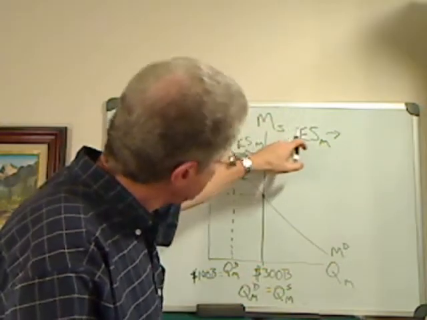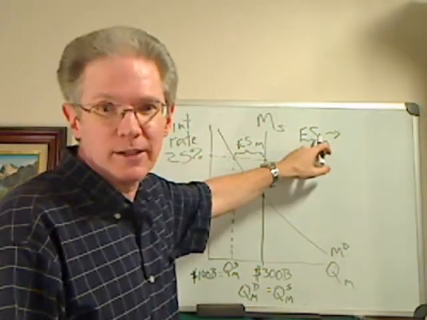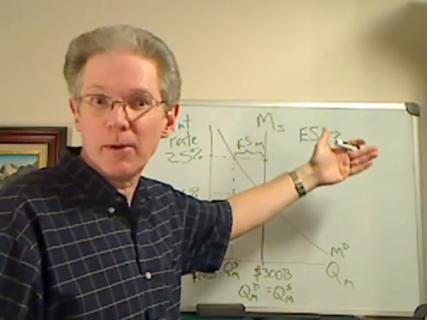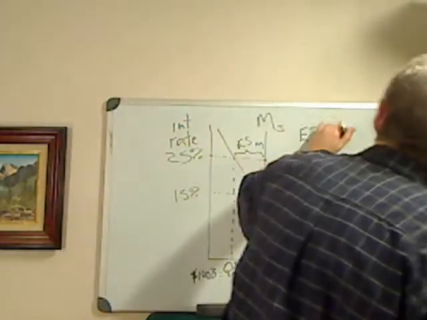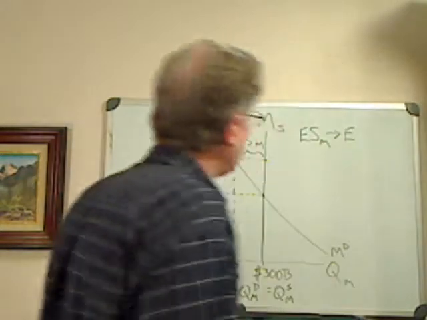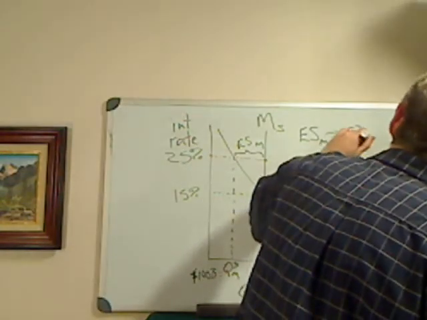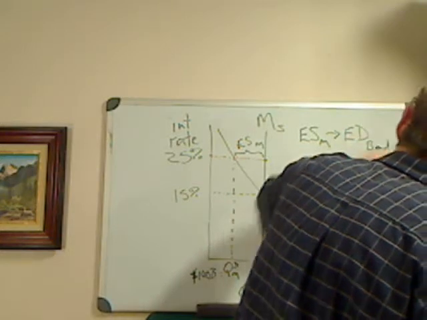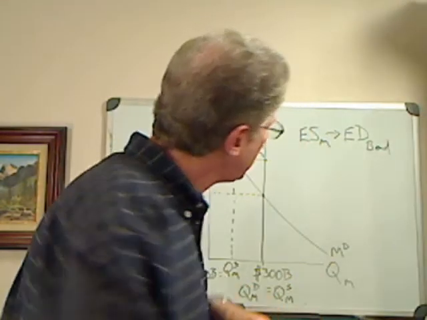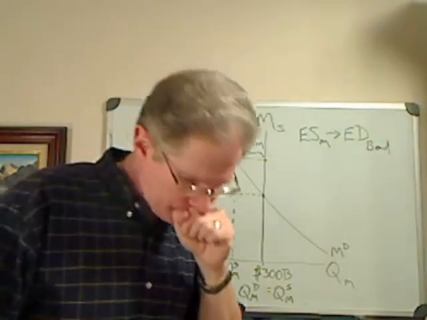If we have an excess supply in the money market, what does that tell you about the bond market? That's excess supply in one means we must have excess demand in the other. Let's have excess demand in the bond market.